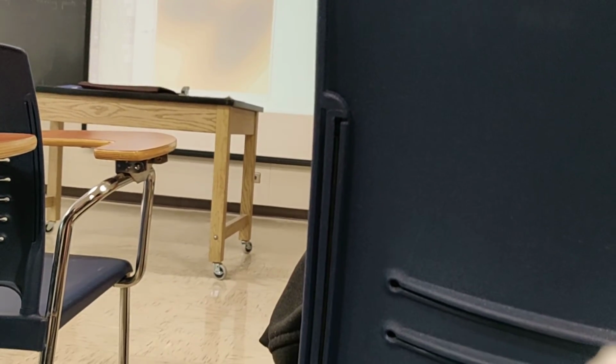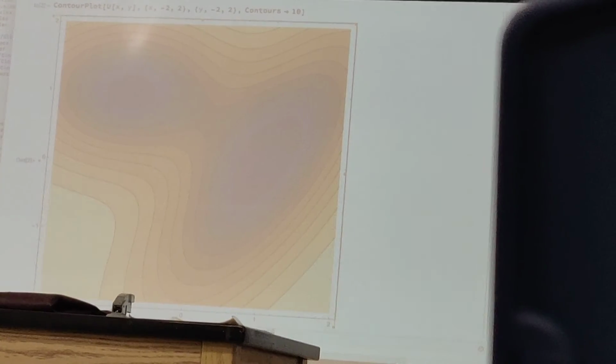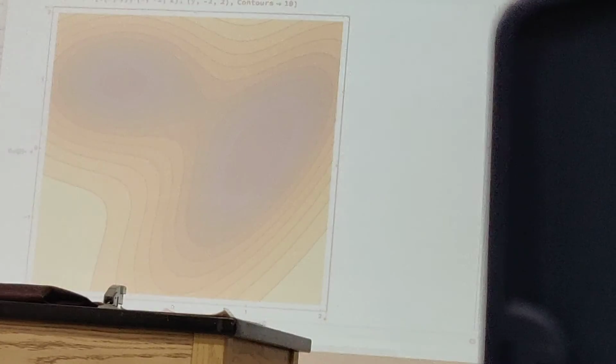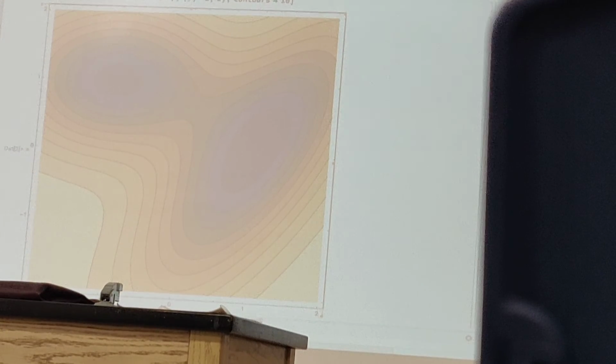The way that the surface is graphed is that the bluer areas represent lower values of potential energy, and the yellower areas represent values of higher potential energy. Okay, so do we have locations on this graph that represent stable equilibrium points?